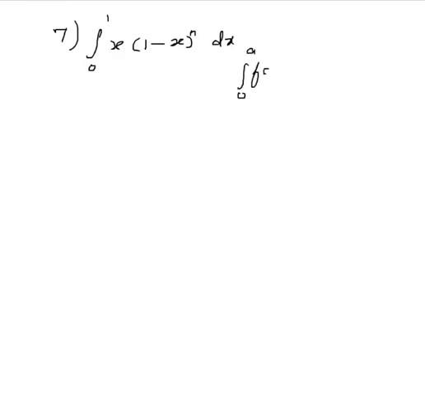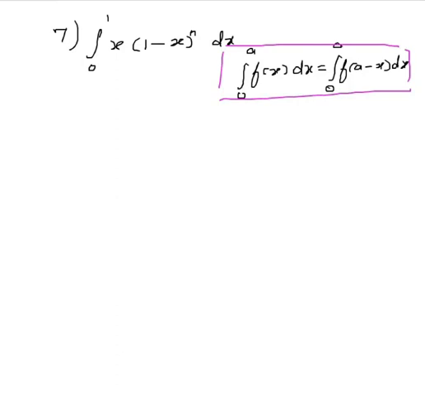Integral 0 to a of f of x dx is integral 0 to a of f of a minus x dx. I will take this as I. Therefore, we get integral 0 to 1. In this question, a is 1.